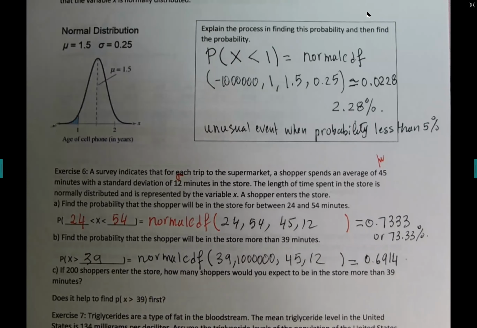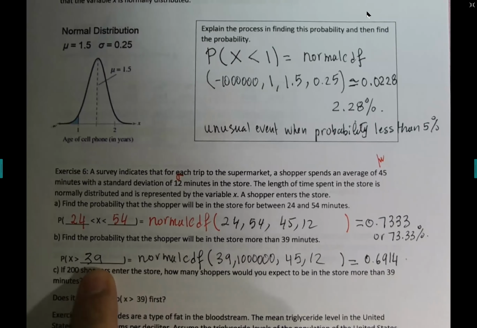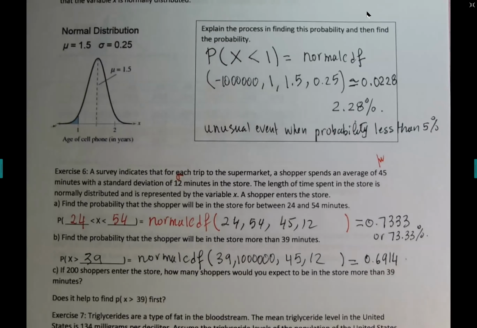And in part B, guys, you already figured out the probability that a shopper will spend more than 39 minutes. What's the likelihood? It was 69%. And if you have 200 shoppers, what do you do with the 200 and the 69% to figure out the number of shoppers? Multiply them. Multiply them always.